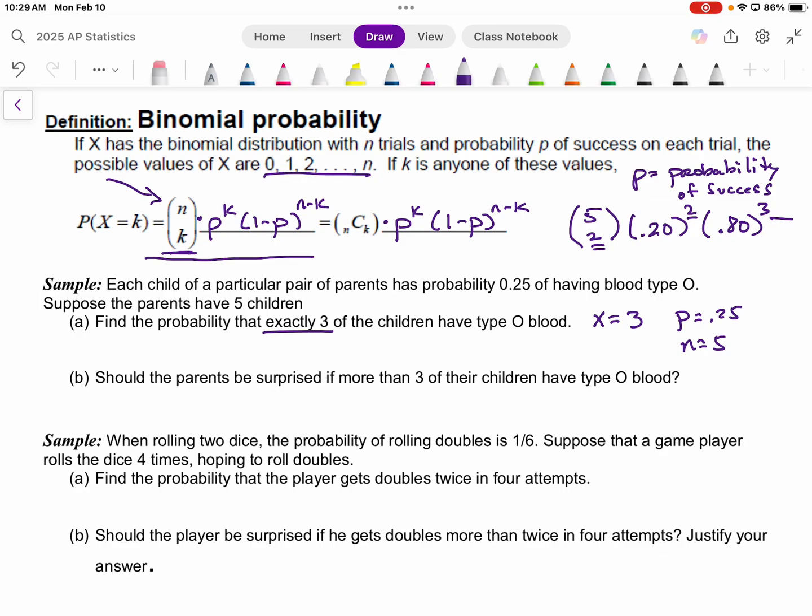And then I'm going to go ahead and set up the formula. So the formula again would be N over K, times P to the K, times (1 minus P) to the N minus K. So that would be 5 over 3. No line. Don't show it as a fraction. Then times 0.25 to the third power, and then 0.75 raised to the second power.